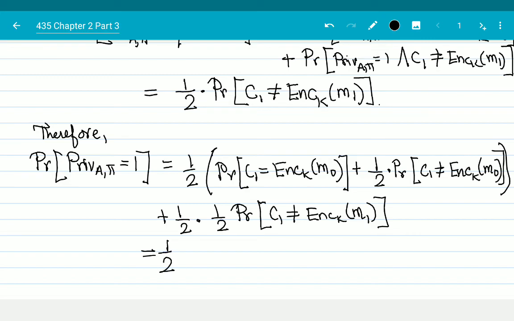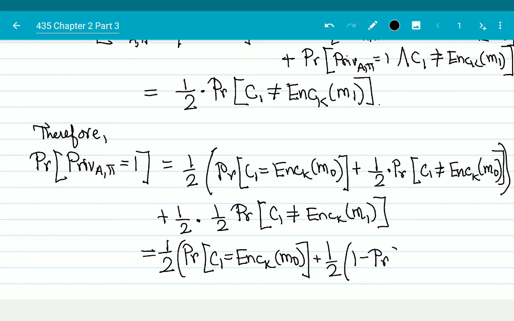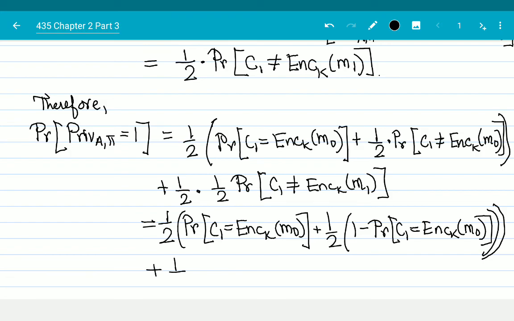So I get this is 1/2 probability that C1 is equal to encryption K of M0, plus 1/2 times 1 minus the probability that the encryption was actually C1, plus 1/4 probability that the encryption was not equal to M1.